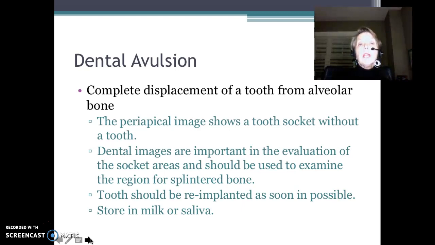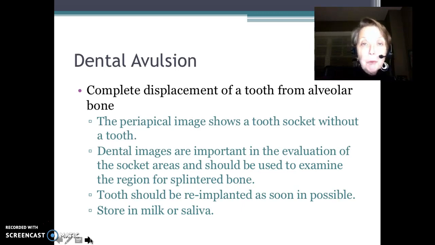Avulsion is when a tooth is completely out of the alveolar socket, completely out. An example would be somebody's hit with a softball and the tooth is completely knocked out of the socket. We have to take images at that point, looking for any kind of bone fracture.